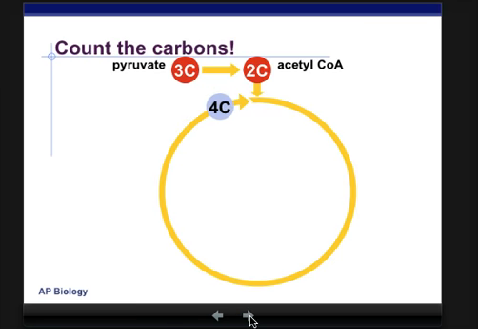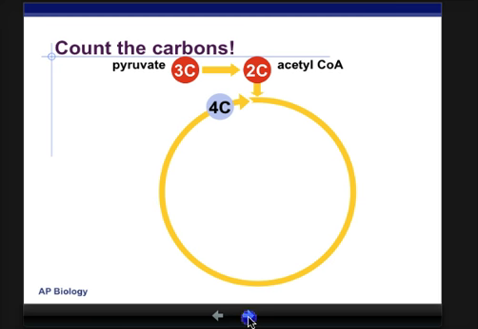All right, so here's the basics. We're going to talk about keeping track of our carbons here first. So we have our 3-carbon pyruvate that gets oxidized into acetyl CoA, which has 2 carbons. Then the 2-carbon acetyl CoA is going to enter the Krebs cycle.